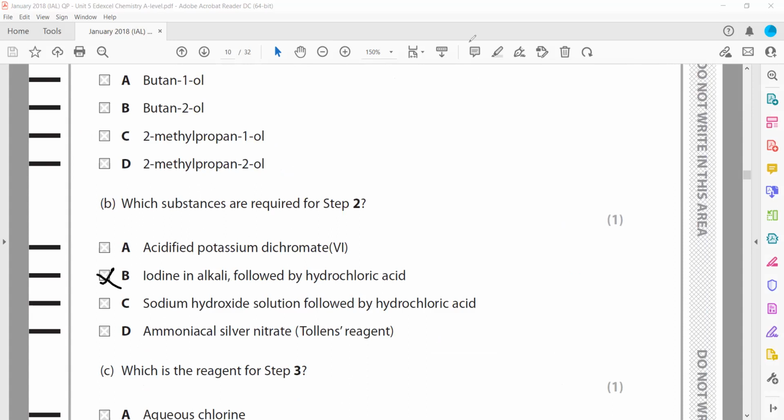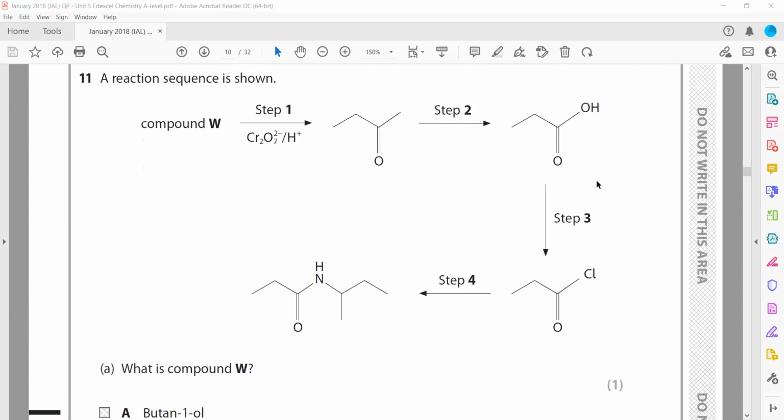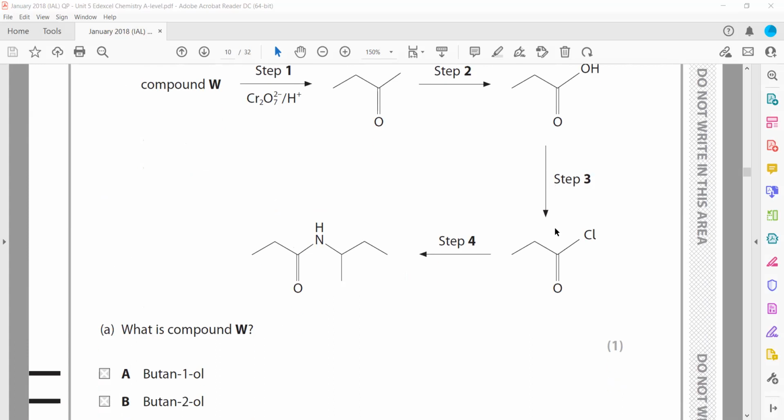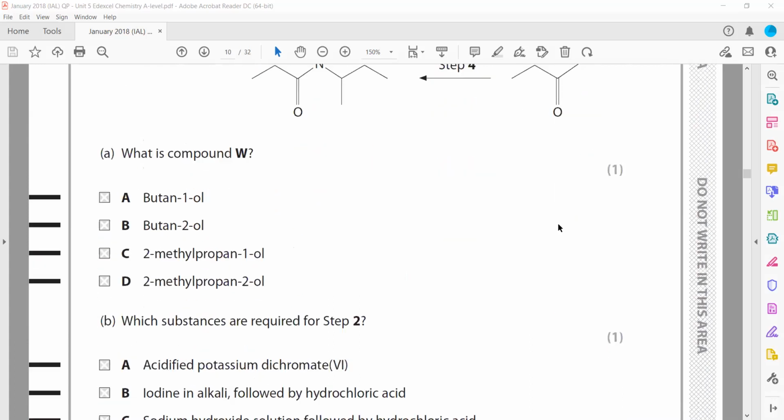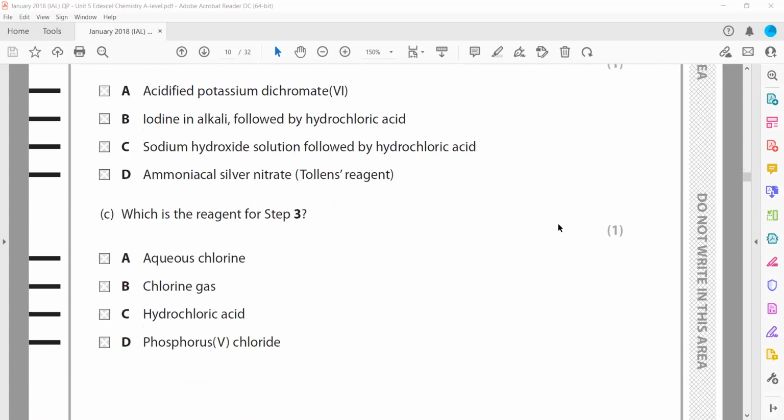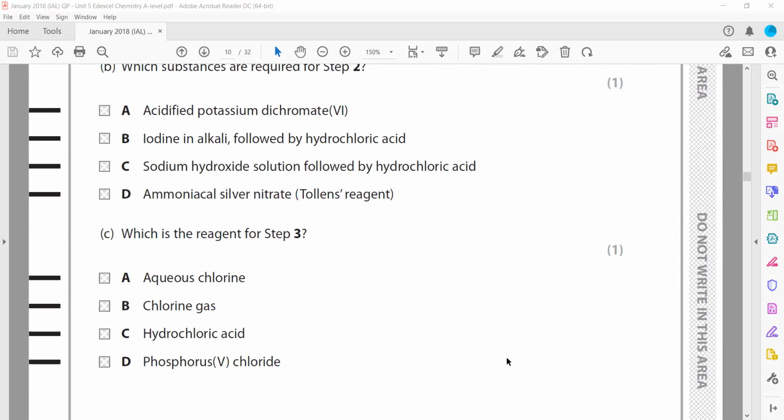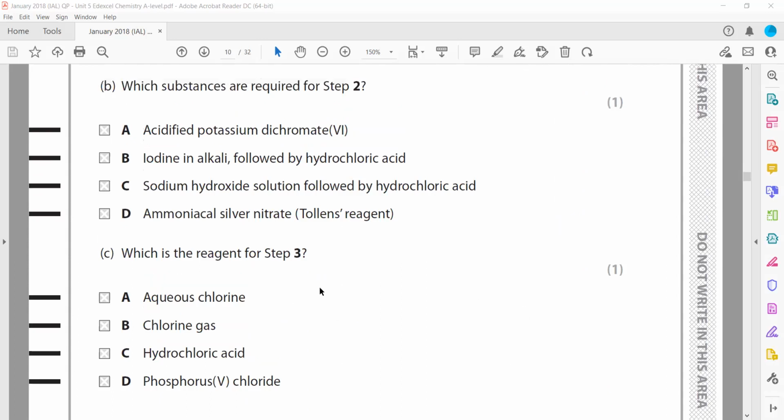Then which reagent in step 3? In step 3, the carboxylic acid is converted into acyl chloride. We simply want to replace this OH. The reagent is PCl5, phosphorus pentachloride.